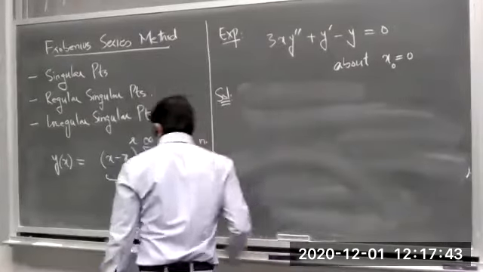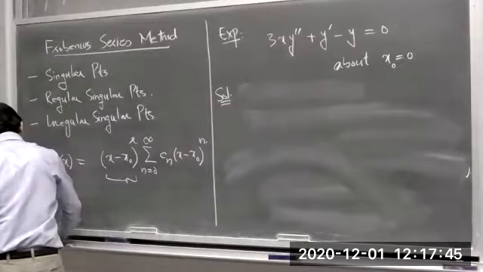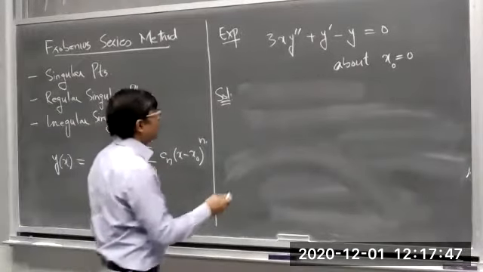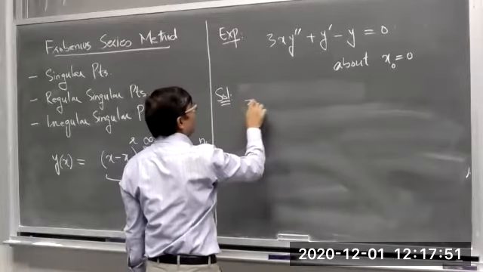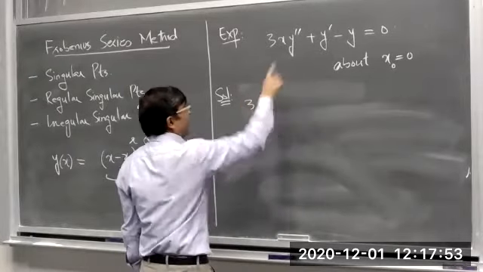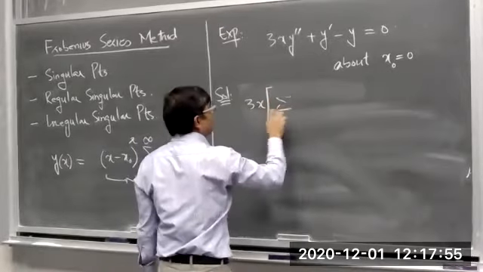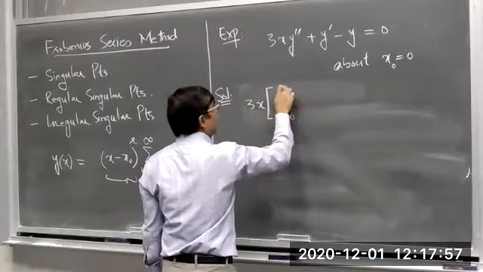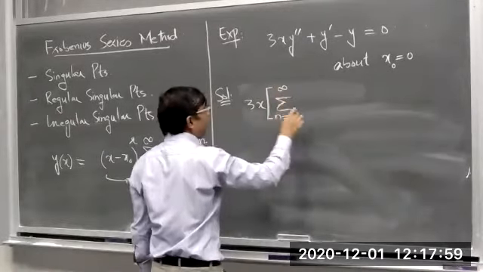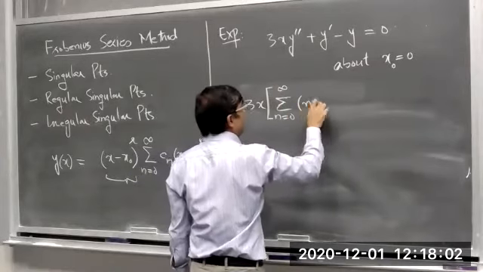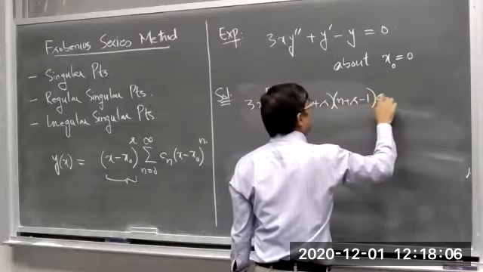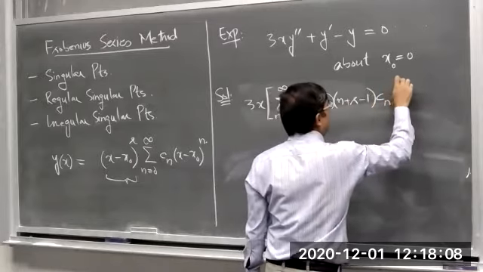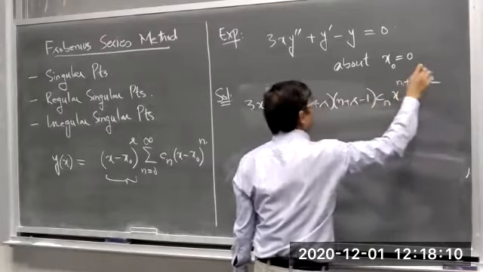So what we do now is put the expressions here. It becomes 3x in the bracket, y double dash, which is summation n from 0 to infinity, n plus r into n plus r minus 1, cn x power n plus r minus 2.